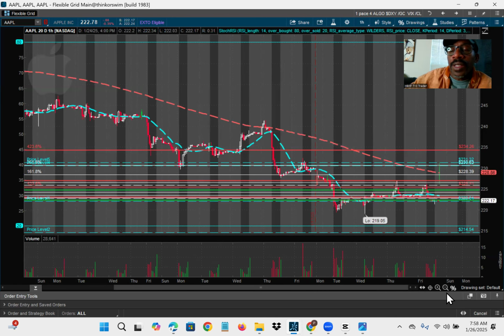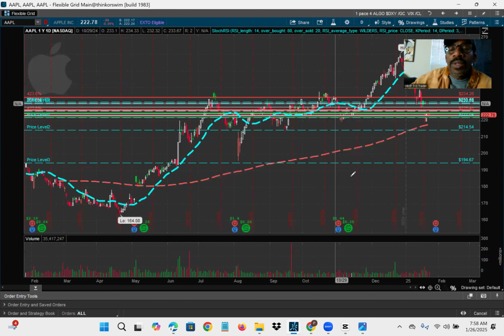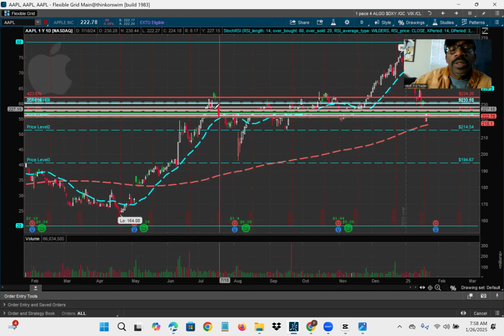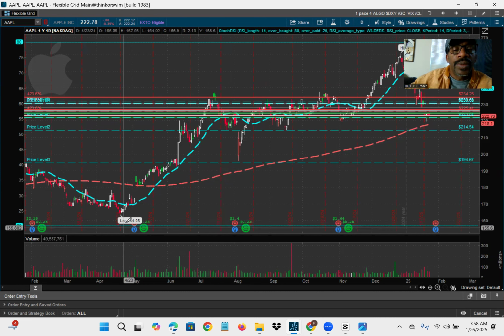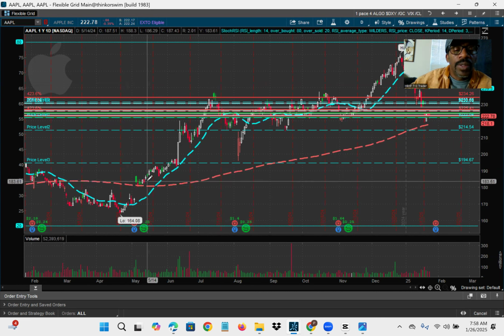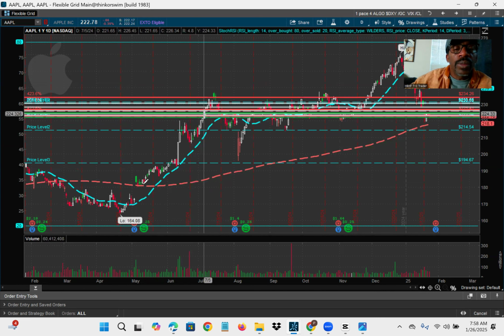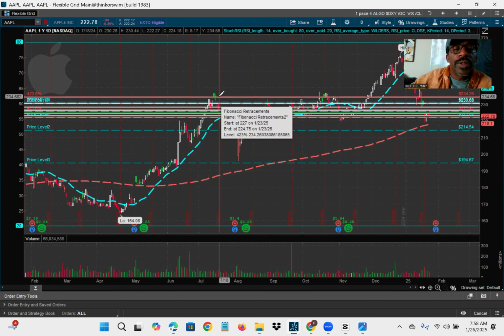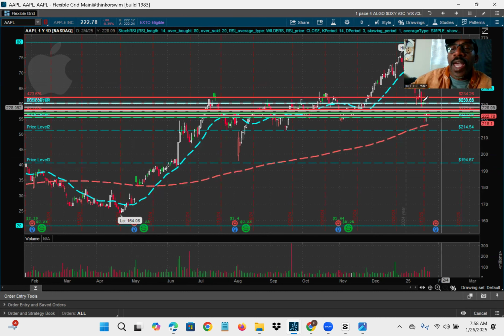I've looked in the back. If you look previously, just to get an idea, I kind of looked to see what Apple did in the past. It only had one positive earnings where it gapped up, and we see a gap here, like we see the gap there.